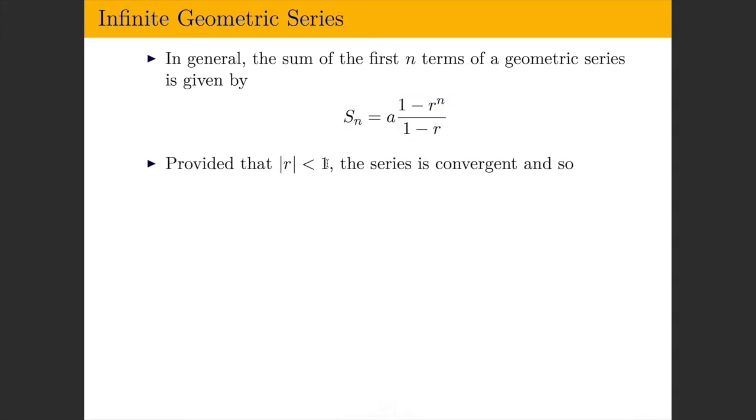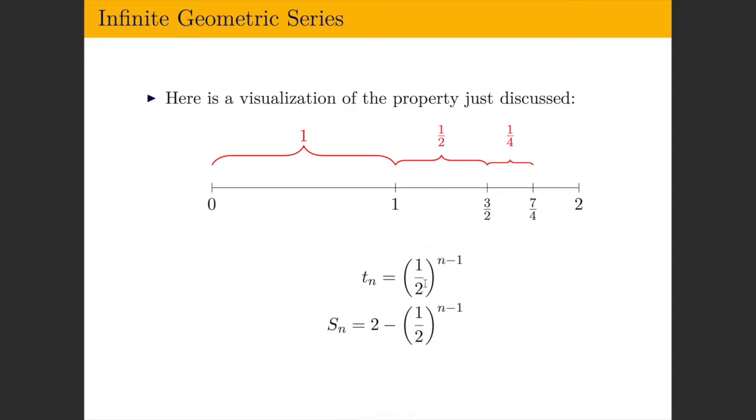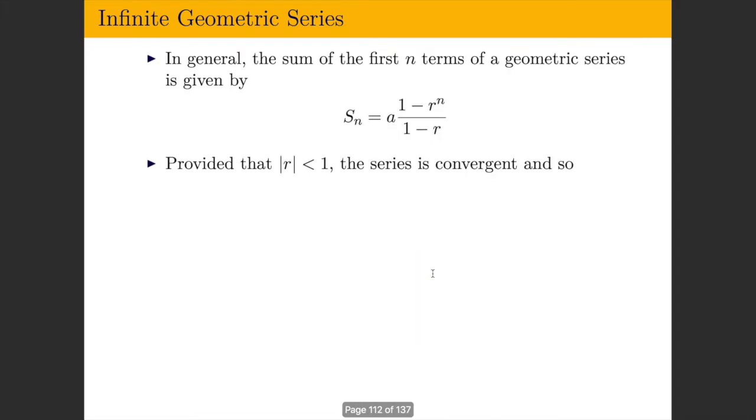Now, provided that the absolute value of r is less than 1, and remember in this particular instance r was equal to a half, and the absolute value of a half is definitely less than 1, then the series is convergent. In other words, this r to the n in the numerator actually diminishes. It gets smaller and smaller and smaller.